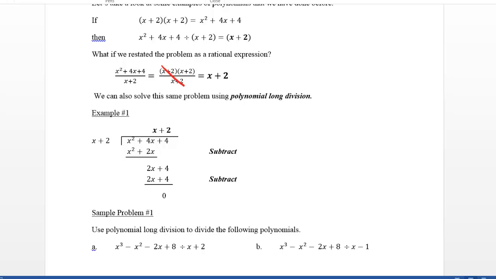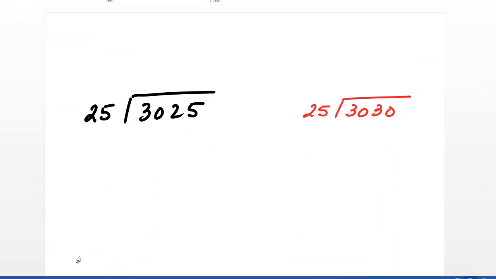Now, just to refresh your memory, I set up a long division problem here that takes you back probably to your elementary school days. And if you remember, we don't divide out the whole thing at once. We'll start here with 25 divided into 3,025. We don't try to divide the 25 into the whole thing. We do it a piece at a time. So what you recall here is we want to see how many times 25 will go into 30.